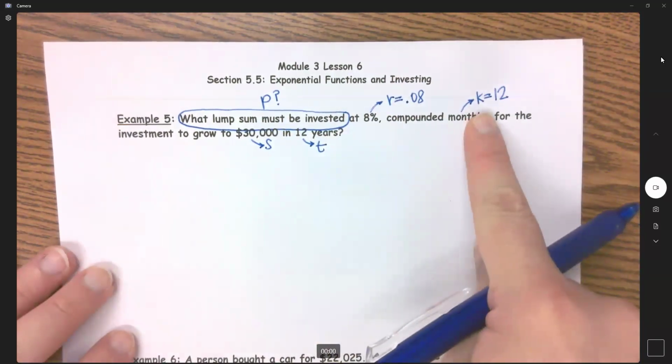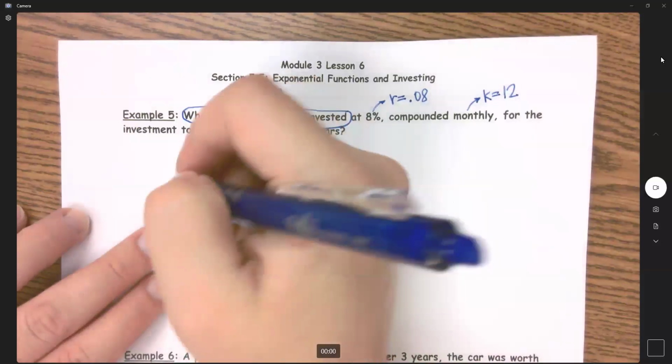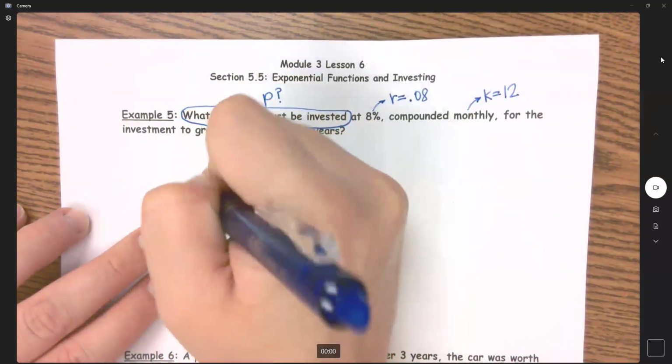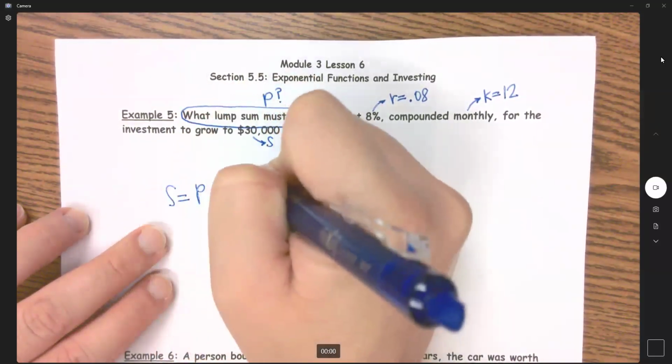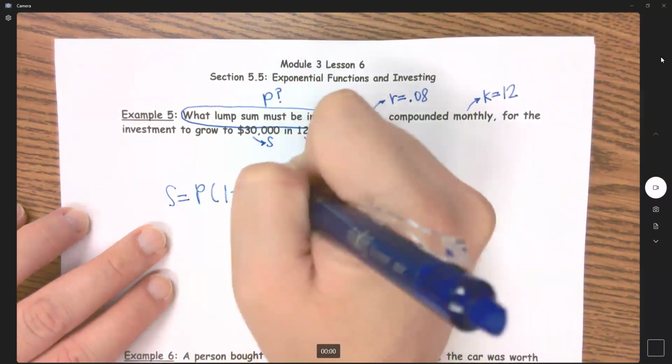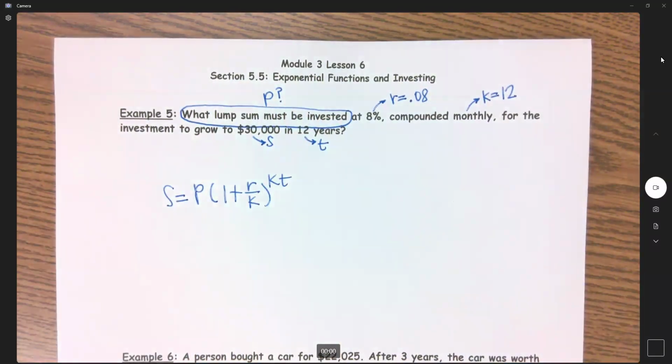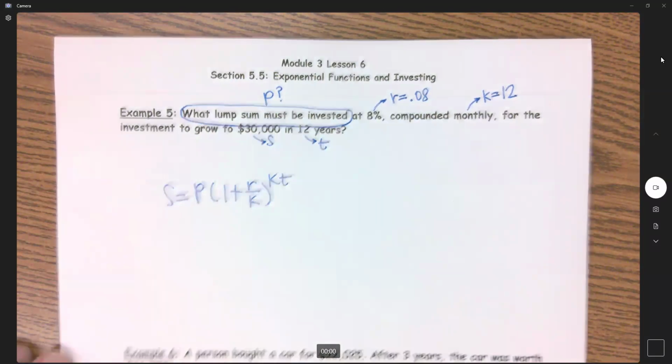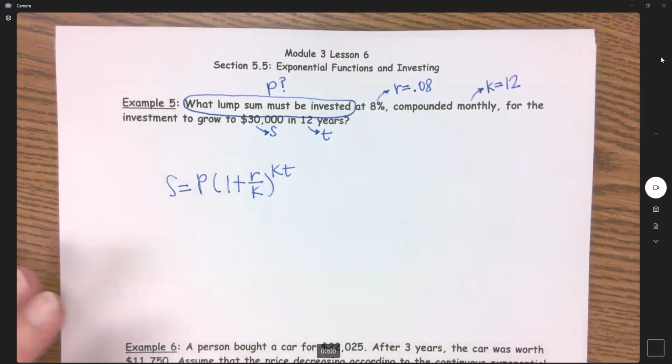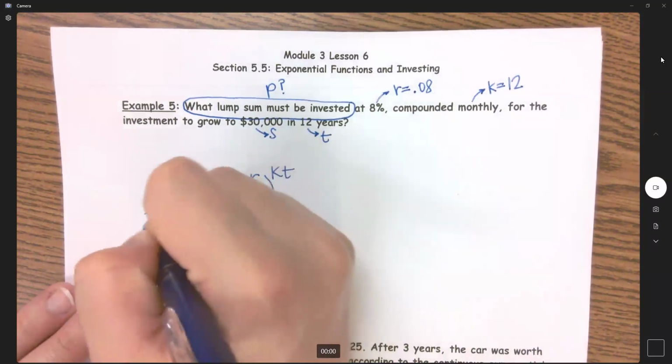So because I have a K, because I know it's not continuous, I am using S equals P(1 plus R over K) to the KT. So plug in all of your information here. My S is 30,000.